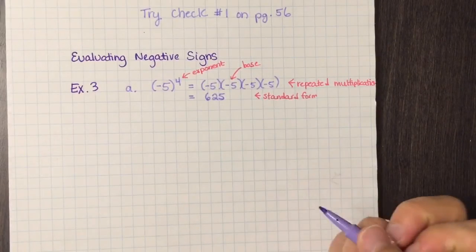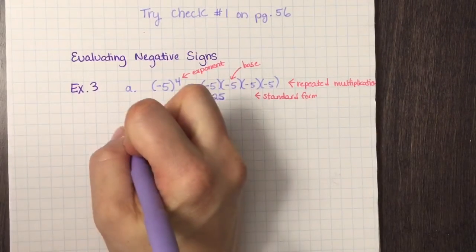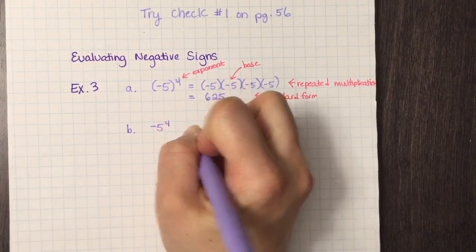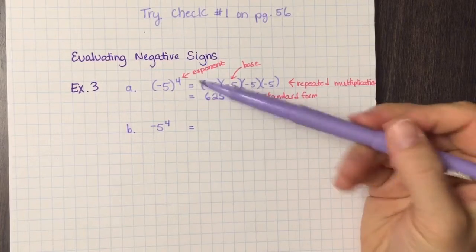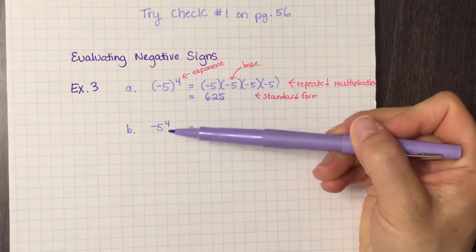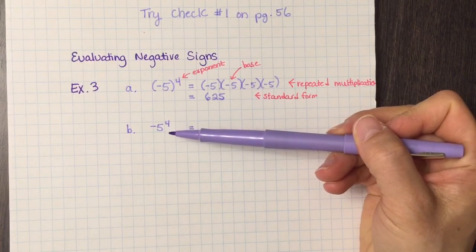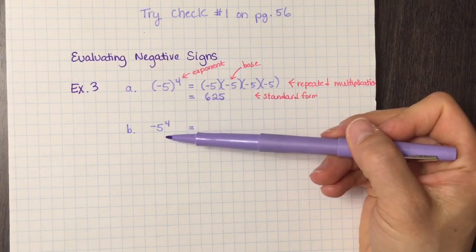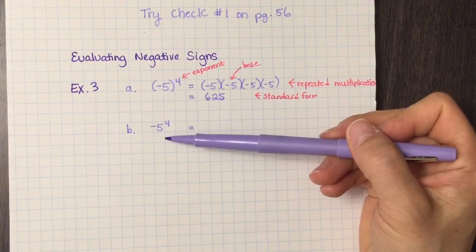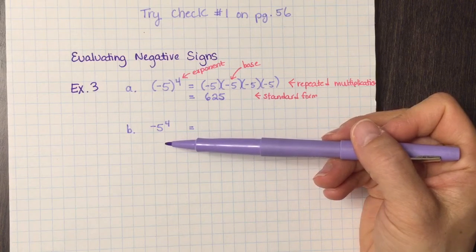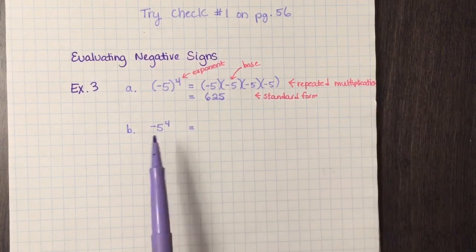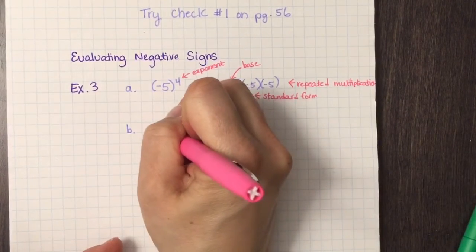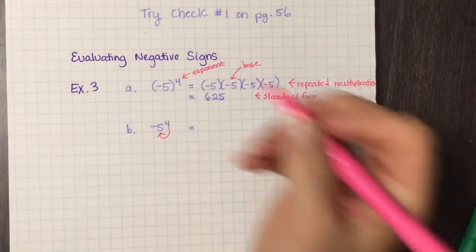Okay, and the next one has negative 5 to the 4. And what's the big difference that you notice between these two? Right, A has brackets, B has no brackets. So when there are no brackets, the base is 5, because you look at what is directly in front of the exponent.